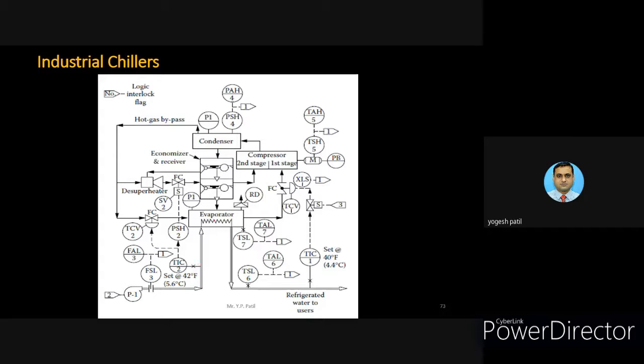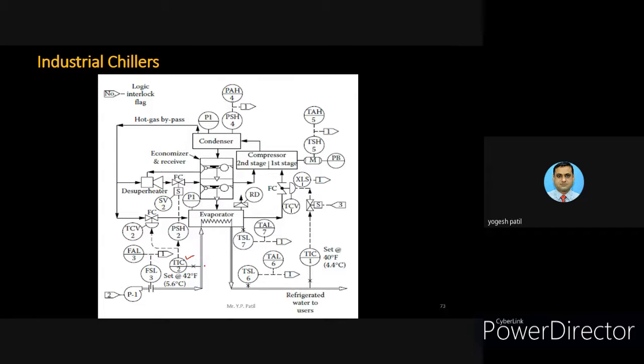This enters into the evaporator. In this, the temperature is measured, and based on the temperature measurement, what happens? Either the de-superheater output is controlled, that is one thing. Second, the hot gas bypass valve is controlled. So with the help of this TIC2, two types of objectives are achieved.